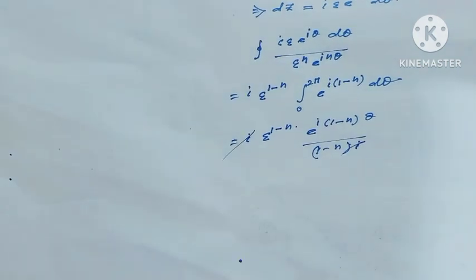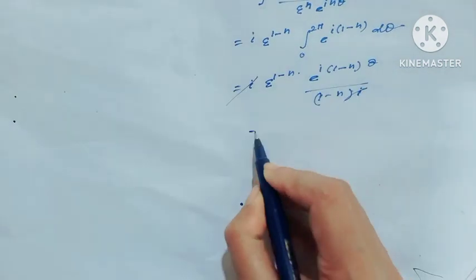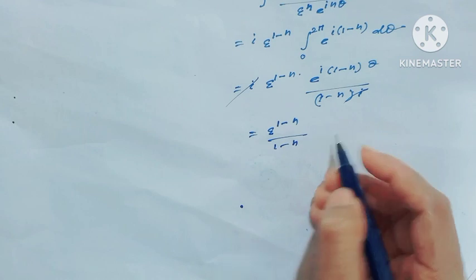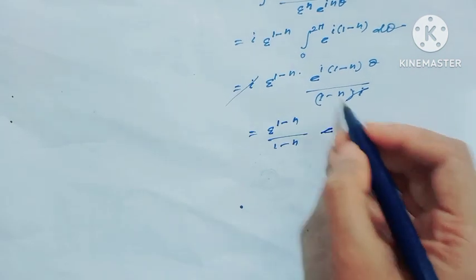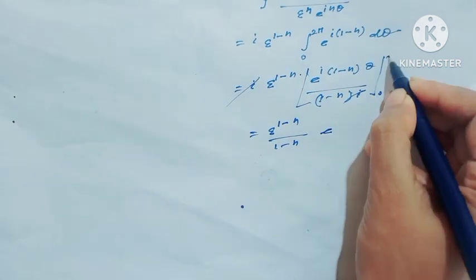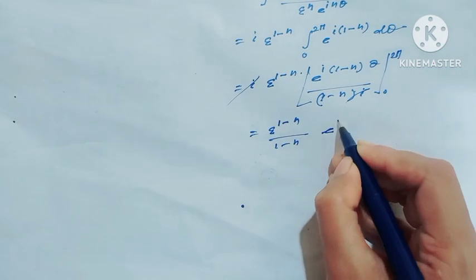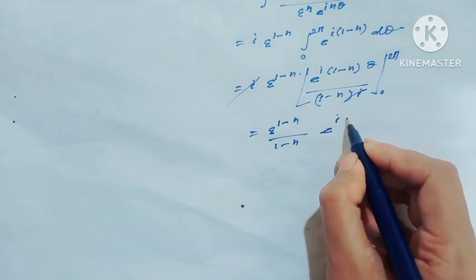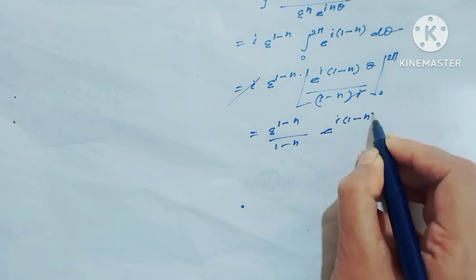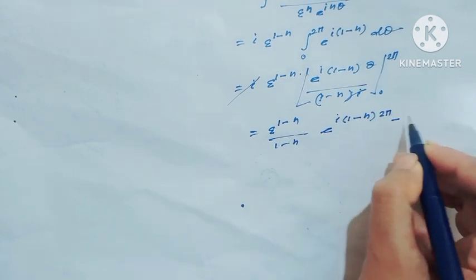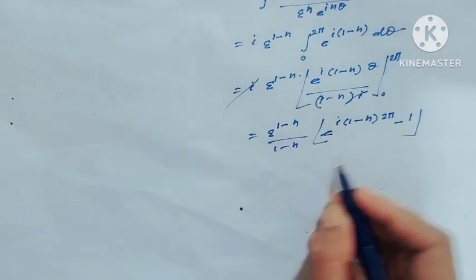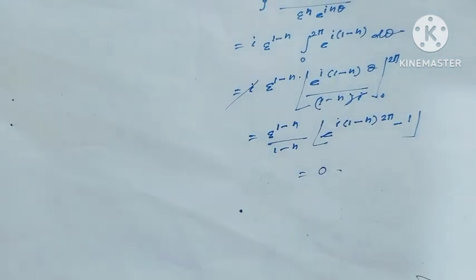Just cancel i. Then this value would be epsilon to the power 1 minus n over 1 minus n, times e to the power i (1 minus n) 2 pi minus 1, and this value is 1, so 1 minus 1, this value is 0.